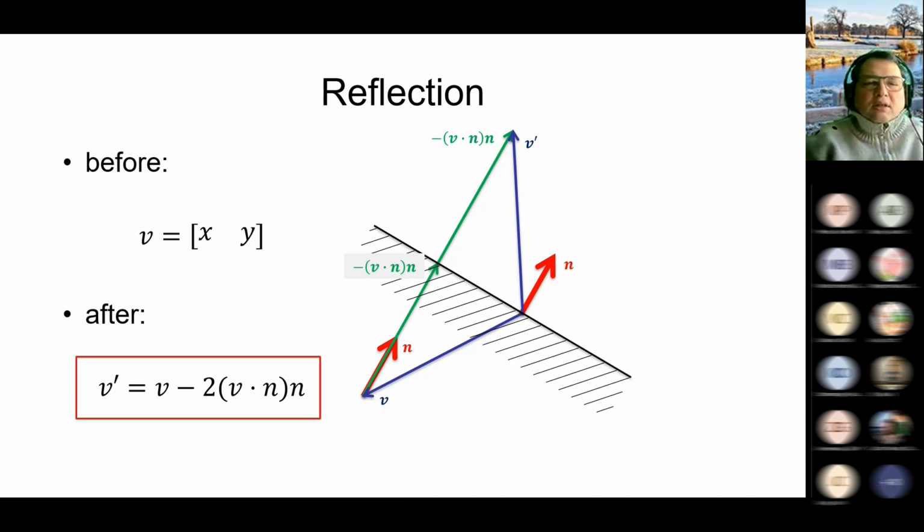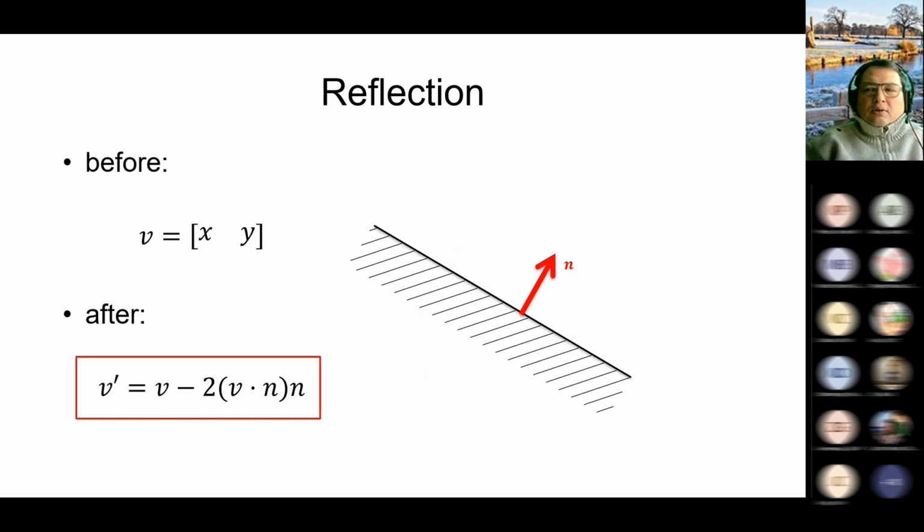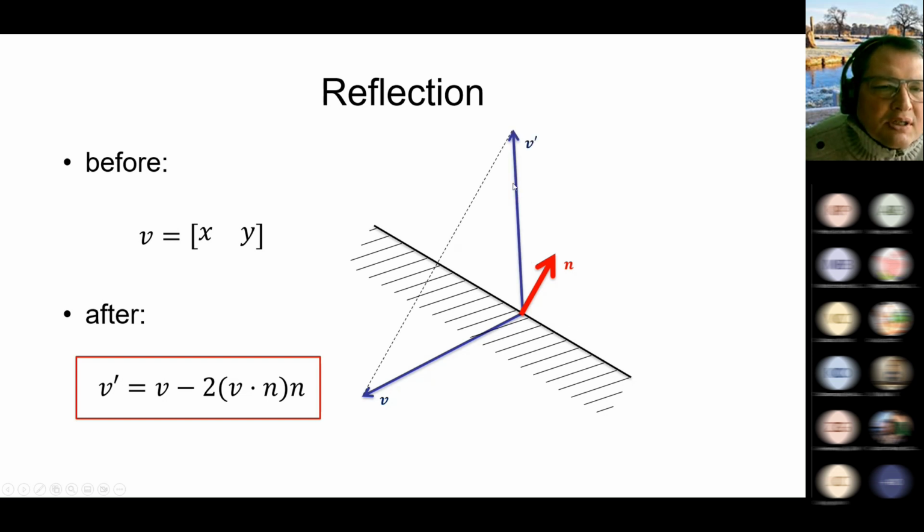This formula is known as the reflection vector. Basically it is used to find the final velocity of an object after bouncing from any surface. So this is your initial velocity, this is the normal of the surface, and this is the final velocity. Final velocity can be obtained from this formula.